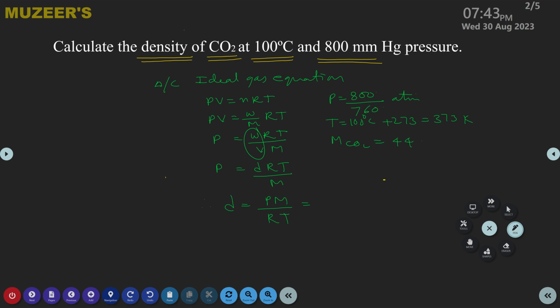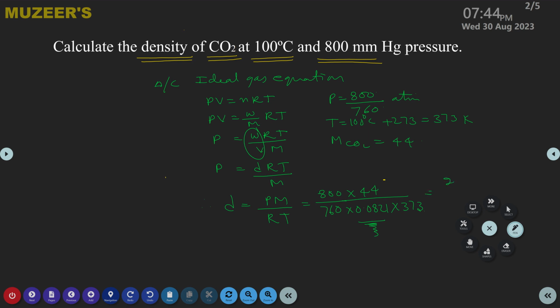So substitute those values. Pressure 800 divided by 760 into molecular mass of carbon dioxide 44 divided by R value in liter atmosphere 0.0821 into temperature. Temperature is 373 kelvins. Now here density becomes, here molecular mass is taken in grams. Here R value is taken in liter atmosphere. That is why gram per liter.